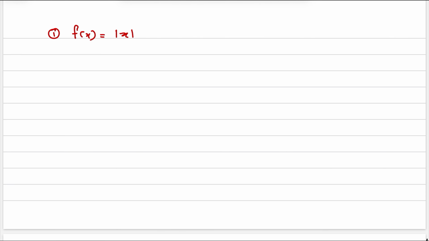Whatever may be the input, this is defined as f(x) is equal to x if x is greater than 0. It is minus x if x is less than 0.